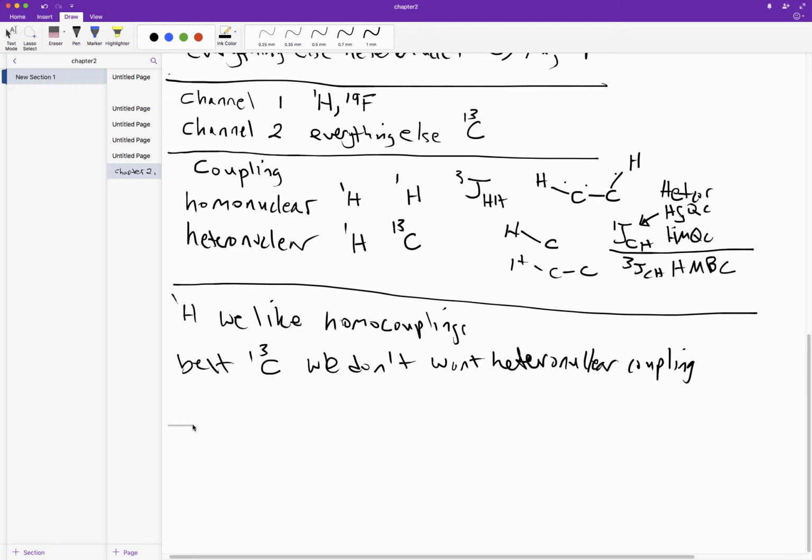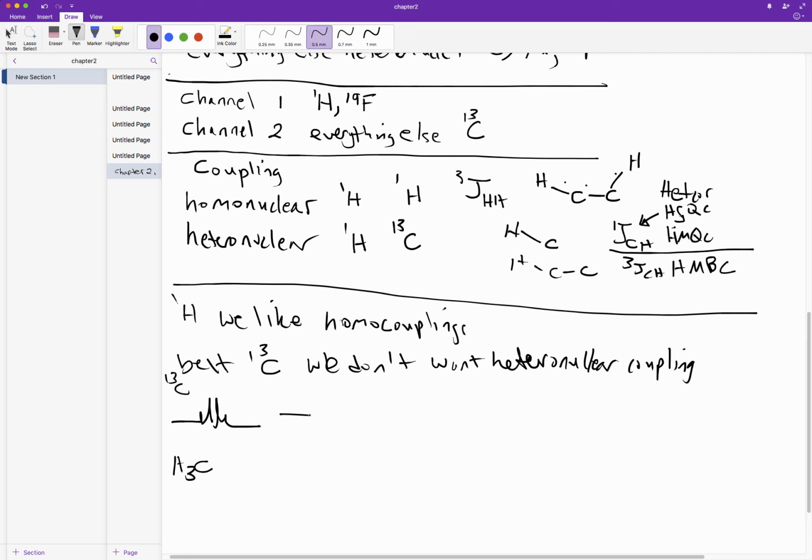Because it doesn't really give you much structural information, maybe a little bit, but more of it is a nuisance. If you had a carbon with 3 protons on it and you run the C13 NMR, you're going to have your carbon intensity spread over 4 peaks because of this heteronuclear coupling. That decreases your intensity, and it also makes the spectrum more complicated to interpret.